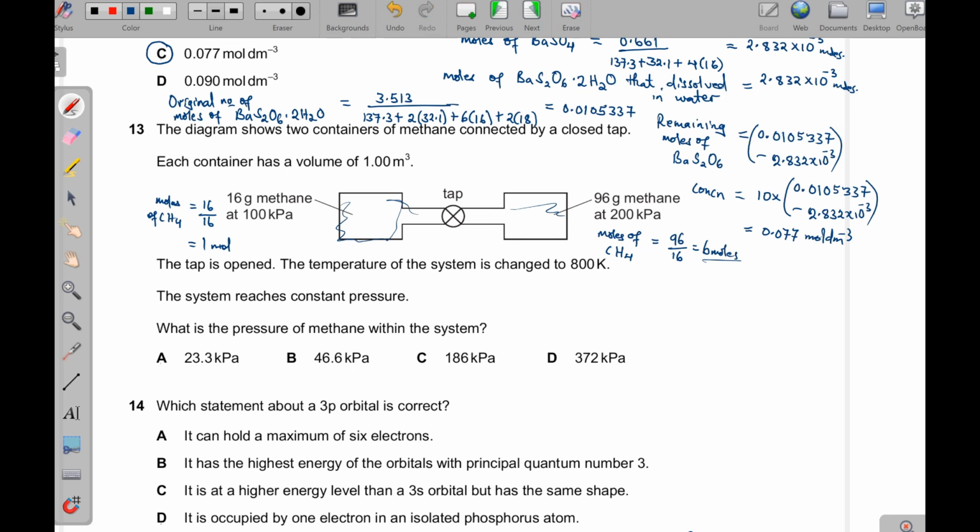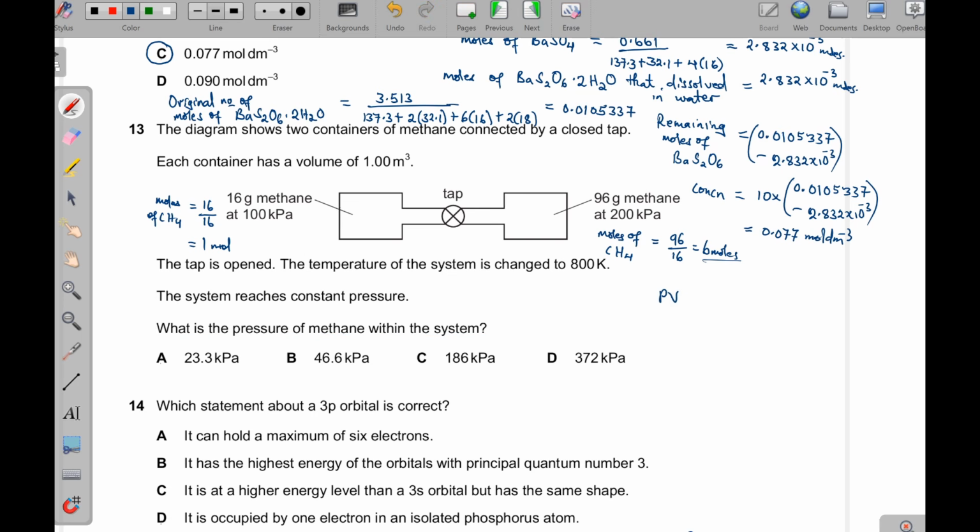So in that case, pressure is going to do what? Pressure is going to maybe increase, okay? But we need to find the pressure that is going to result out of this. And that is exactly what they want us to find. The system reaches constant pressure. What is the pressure of methane within the system?